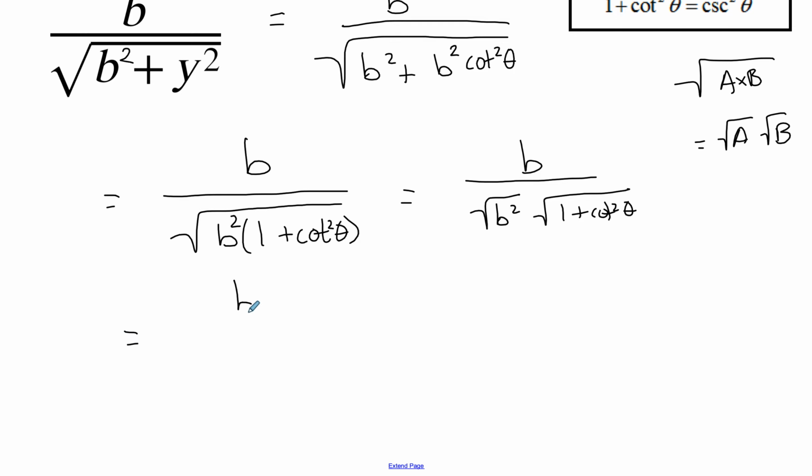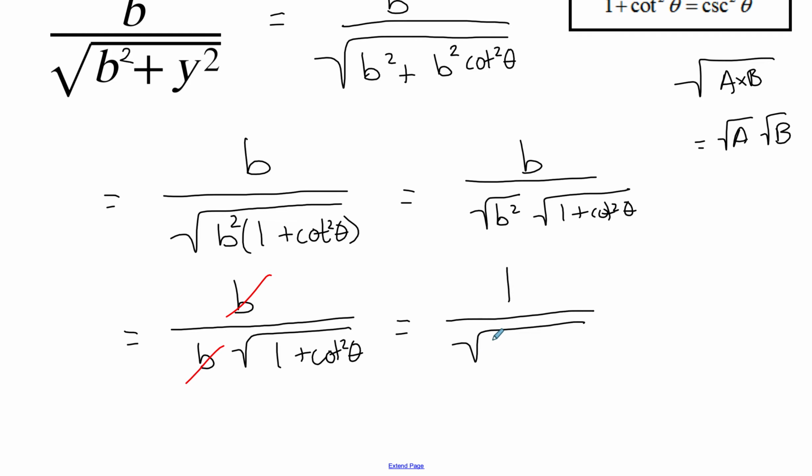And then this will simplify to b. I mean, you could have easily spotted this whole thing from here. You don't need to go through all these steps. And then these two will cancel out. And what I'm left with is an expression with 1 plus cot squared theta.